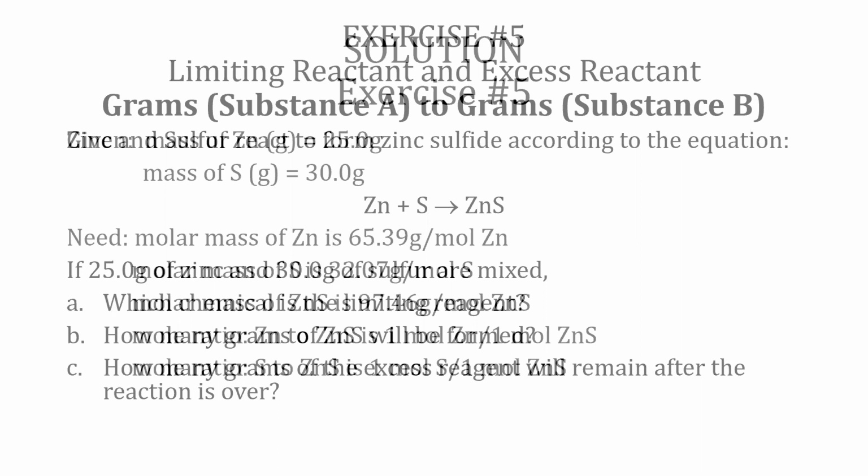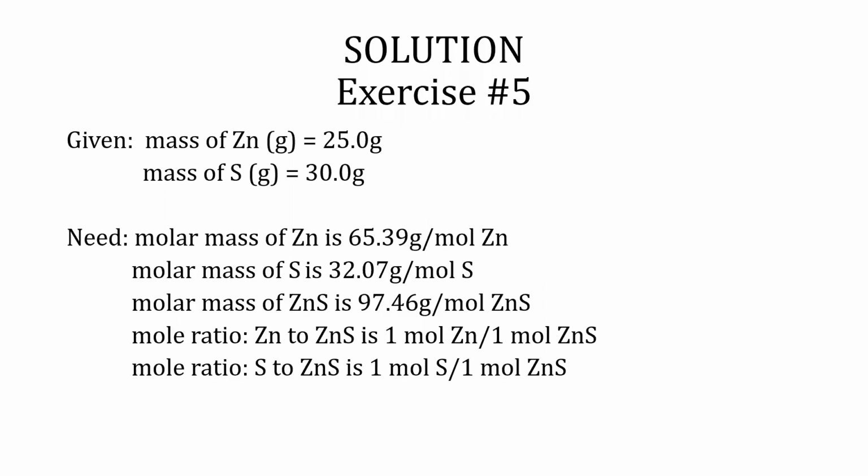Given we have 25.0 g of Zn and 30.0 g of S, one needs the molar masses of Zn, S, and ZnS, which are 65.39, 32.07, and 97.46 g per mole respectively.